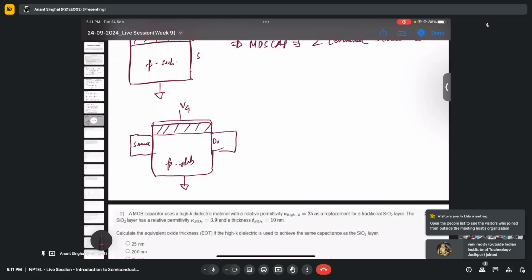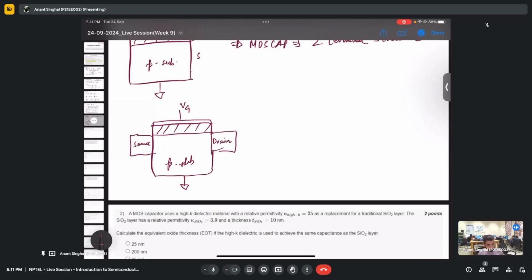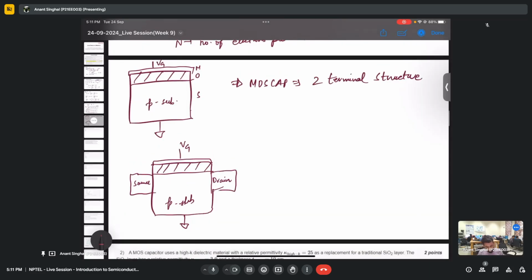So if I have a MOS cap, as we studied in the previous lecture, which is a two-terminal device in which we had only VG, and I just place two more implants, either by diffusion or something, which are highly n doped, let's say n plus n plus, this is nothing but a MOSFET, which is a four-terminal structure.